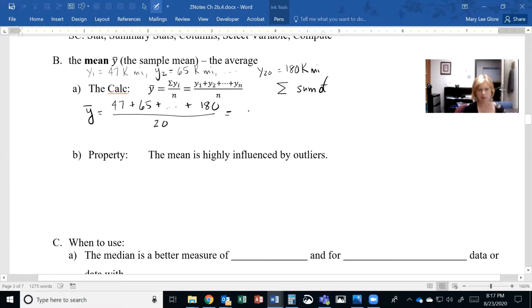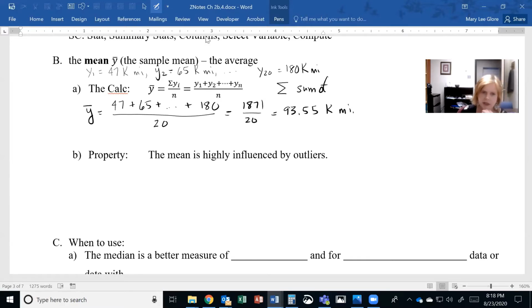This happens to be equal to 1,871 if I add up all 20 mileages, and dividing by 20 gives me 93.55 thousand miles, which is about 10,000 more miles than the median. The median was 83,500 miles.